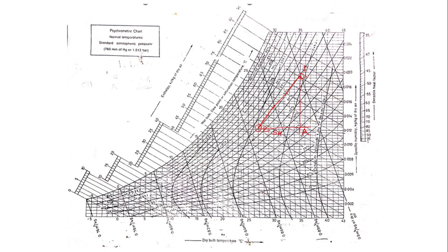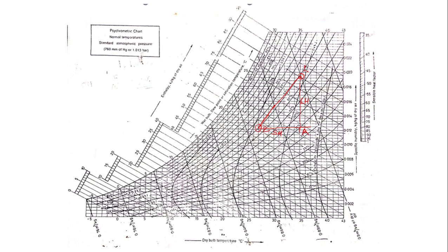So from point 1 to point A, the moisture has been removed. So this is the latent heat. This sensible heat from 2 to A, or A to 2, is the sensible heat due to infiltration. Whereas from point 1 to A, where the moisture content is changed, that is the infiltration latent heat.